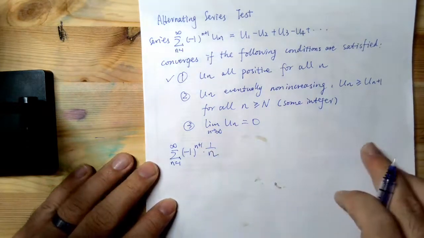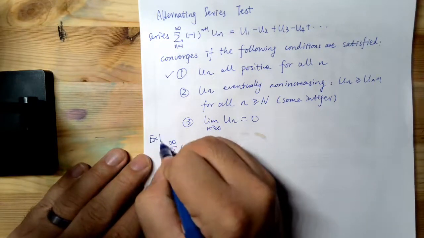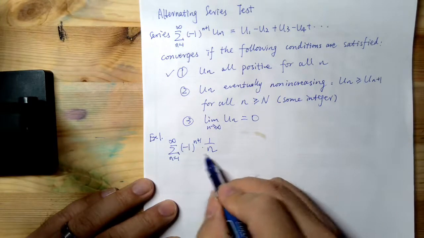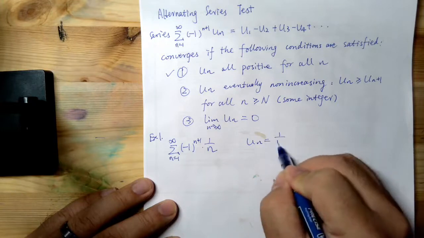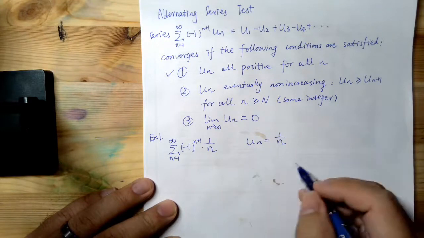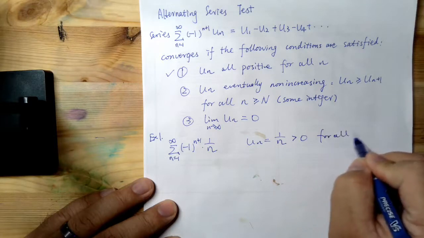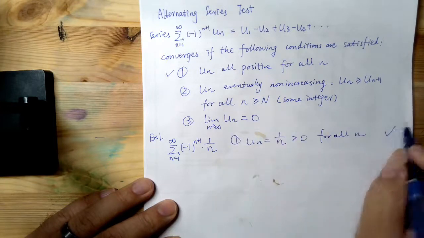Okay, so let's call this example 1. Noticing that the corresponding u_n in this problem is 1 over n, and we know that u_n is greater than 0 for all n, starting from 1. So first, easy to check.